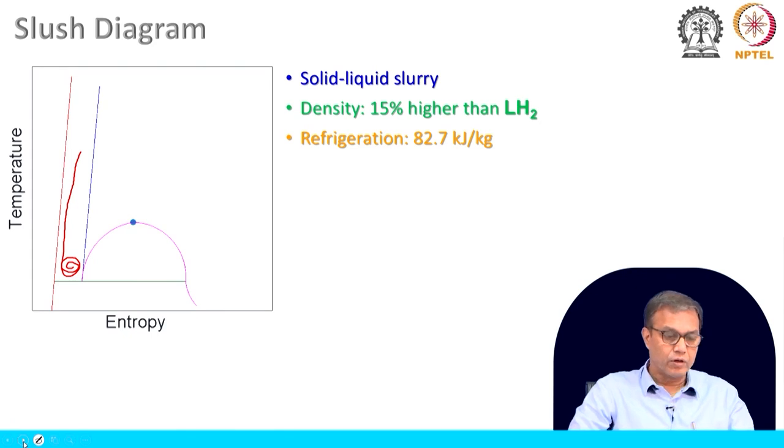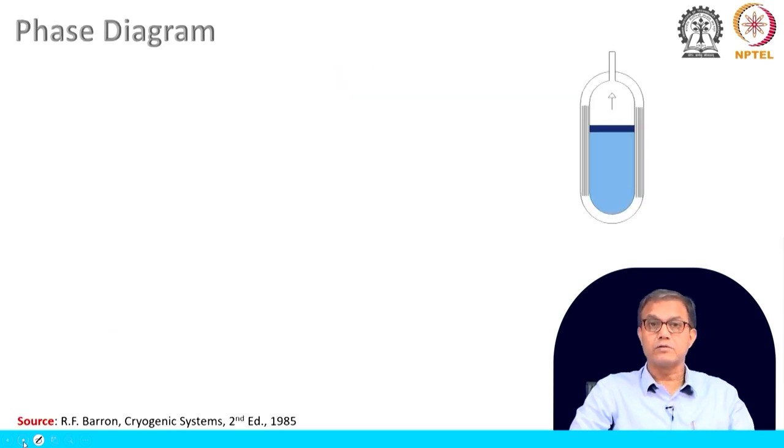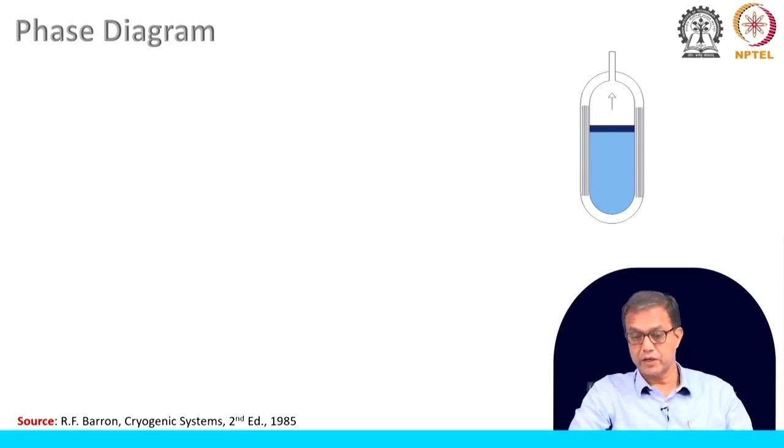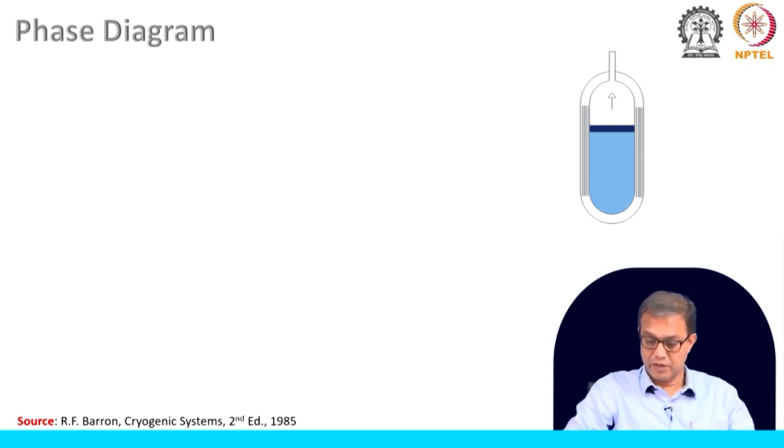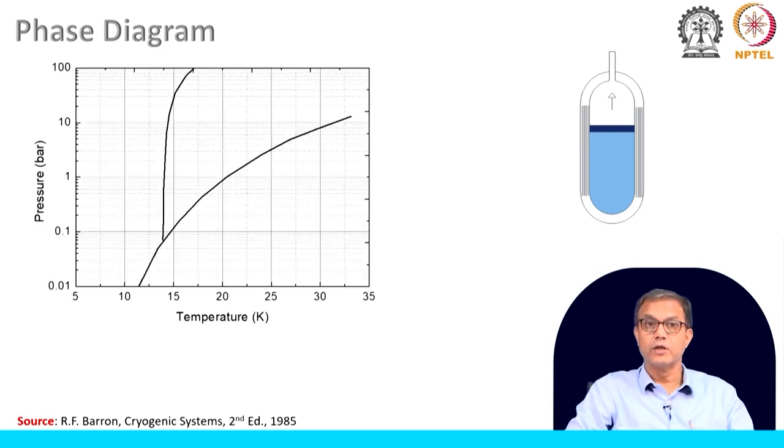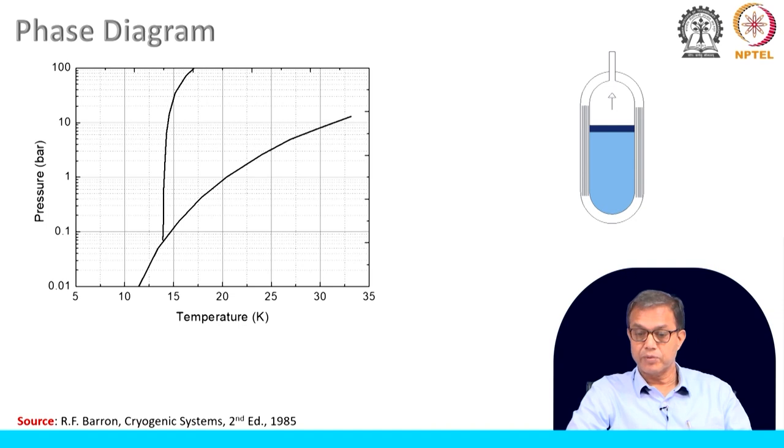Now, if we look at the methods of producing this solid-liquid slurry, we will go back to our earlier discussion when we talked about storage of some amount of liquid hydrogen in a container, which is a double-walled container, and in that context we tried to find out the vapor pressure and boiling point relation.